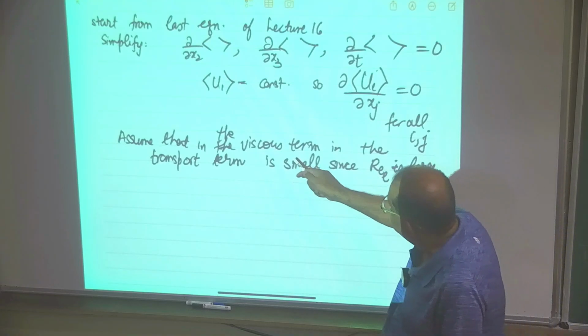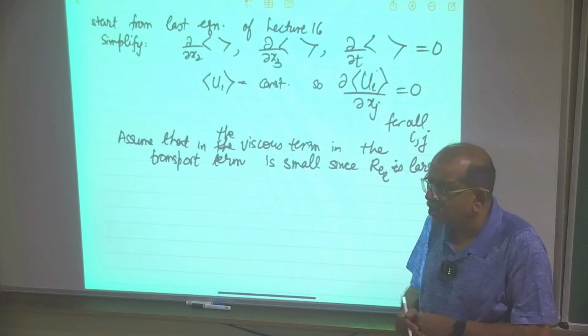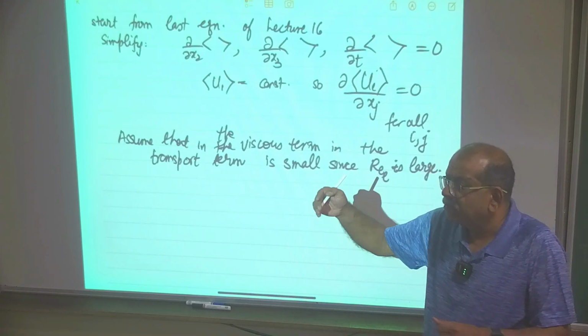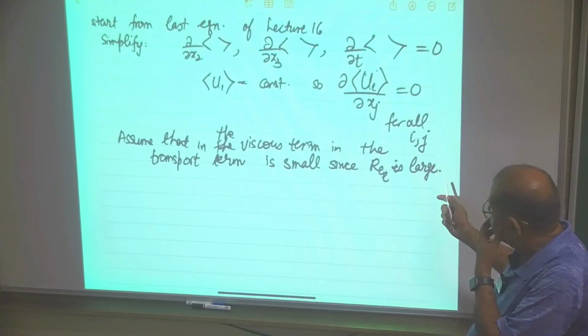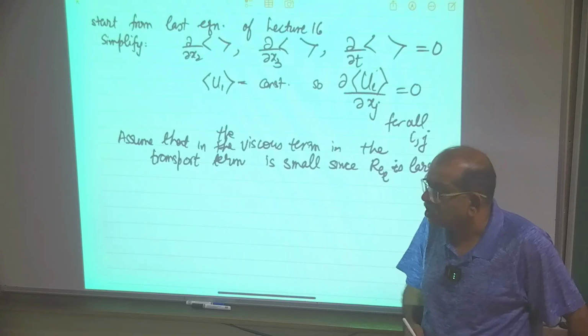The viscous term, as we said, if Reynolds number is large, because that scales like c times nu u square upon L square, that will be small because Reynolds number is large.